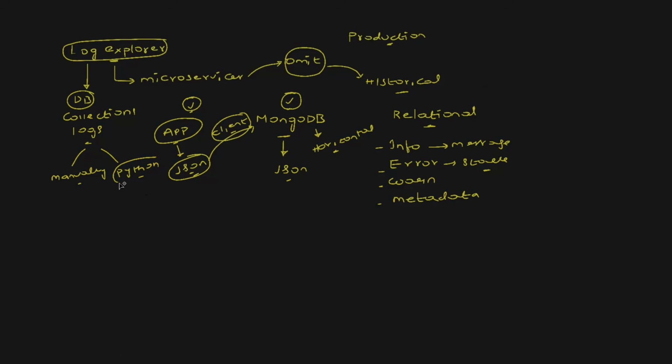So I have a demo Python application that can simulate real-time behavior, just like how in real time you get logs from 20, 30 microservices. This Python demo application will simulate that behavior. It will push the logs to MongoDB as if the logs come from different microservices.